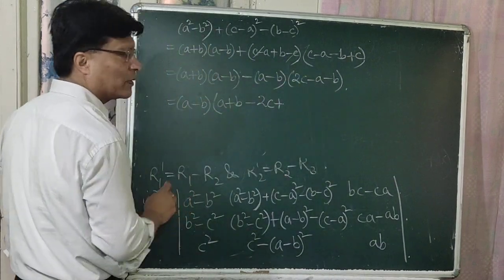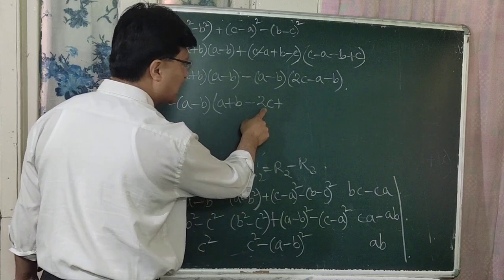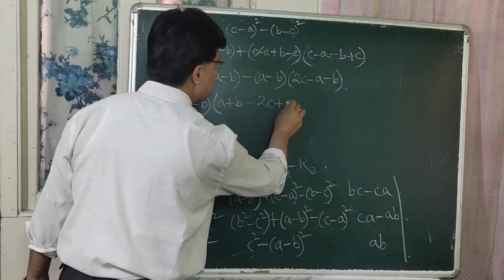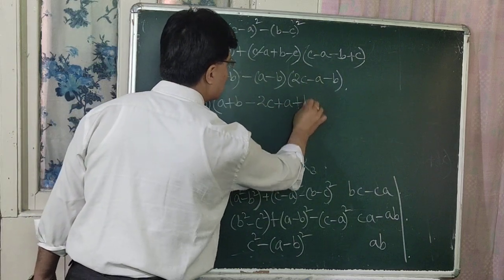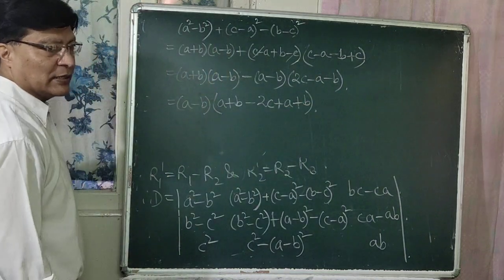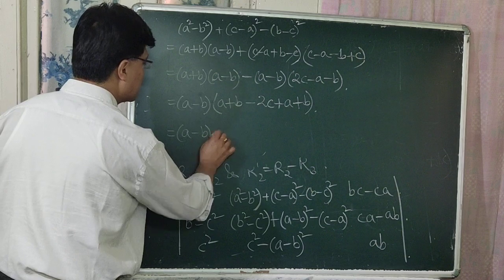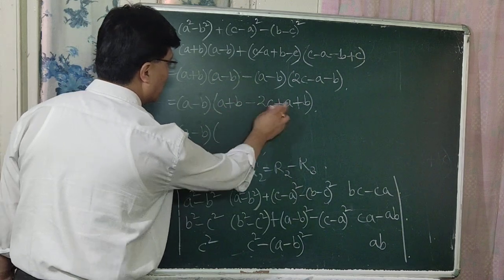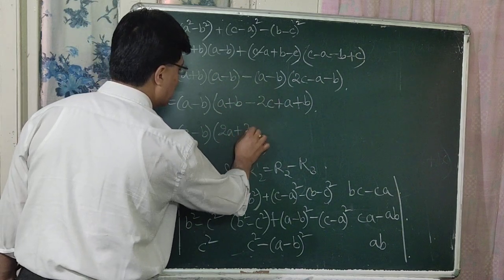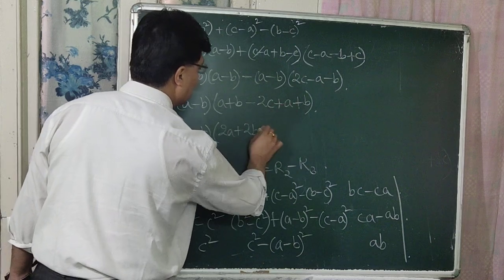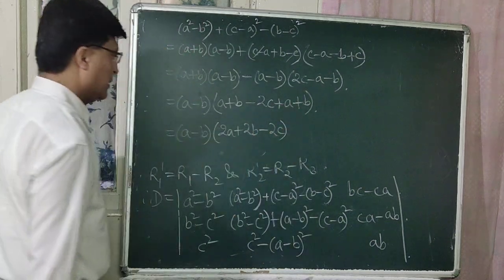This is minus 2c, right? Minus into minus plus a, minus into minus plus b. This is the factorization, which is equal to (a minus b) into (a plus a, 2a, b plus b, 2b, then minus 2c).